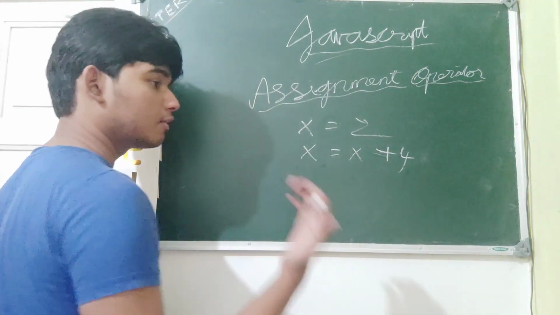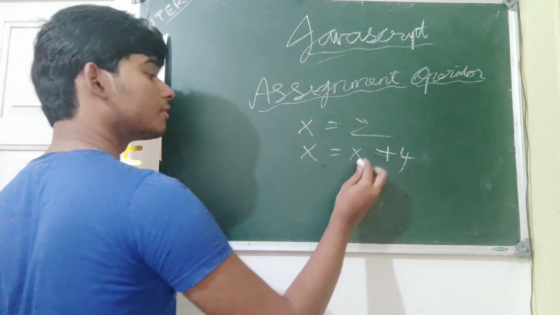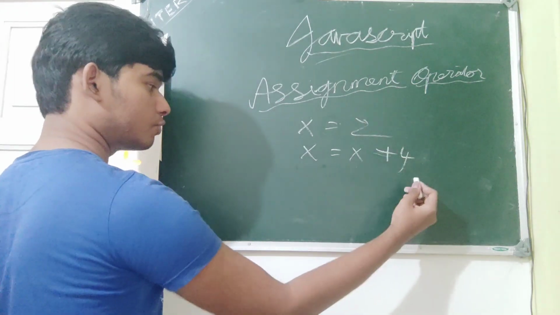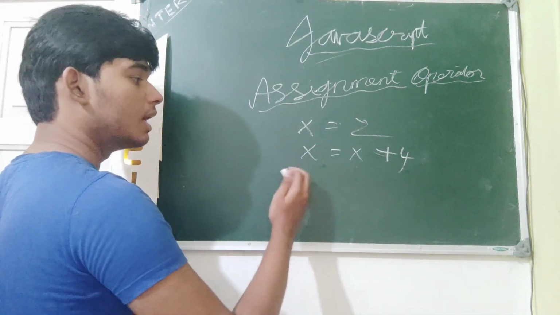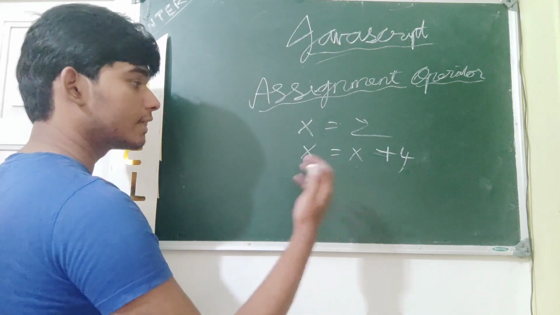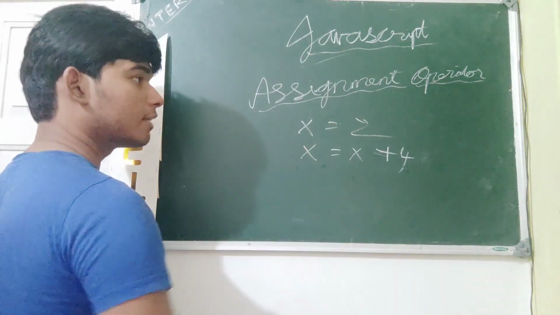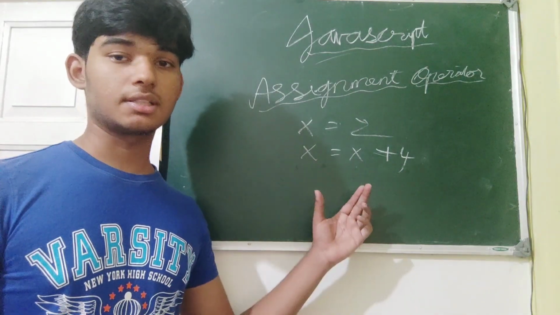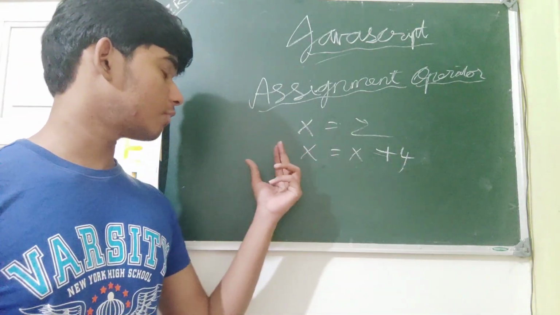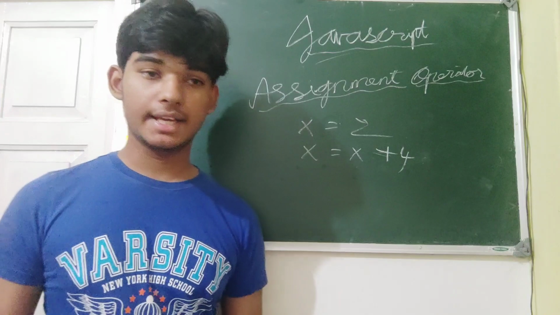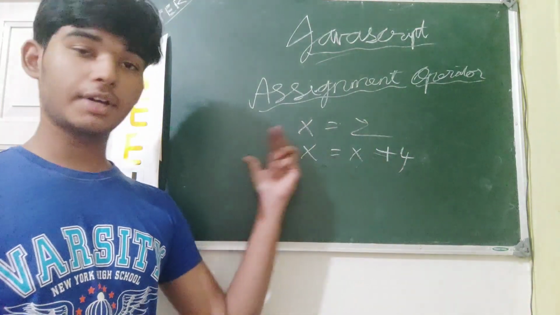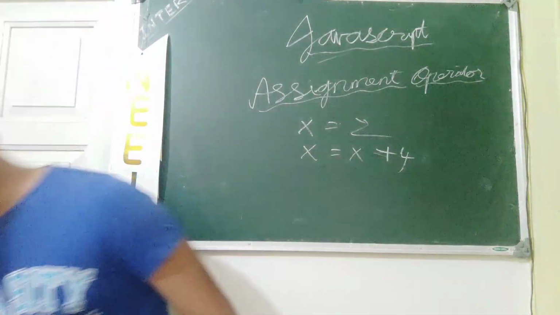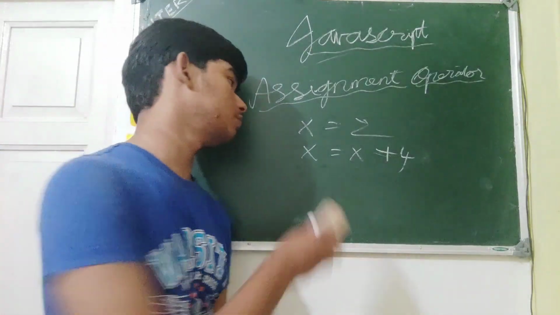So when you ask the value of x, it will print out the value of x plus 4. So you can write x is equal to 2, x is equal to x plus 4, so x will be equal to 6. That is how assignment operators work, where the equal to symbol is not saying that this is equal to x, but instead it is just storing the value of x plus 4. It is a little confusing, but as long as you're writing code, you'll get used to it.